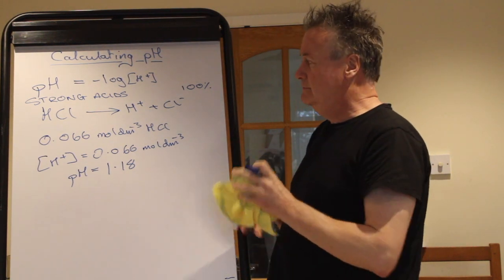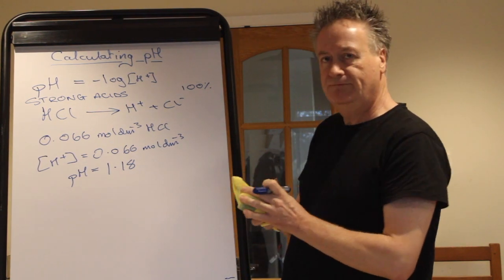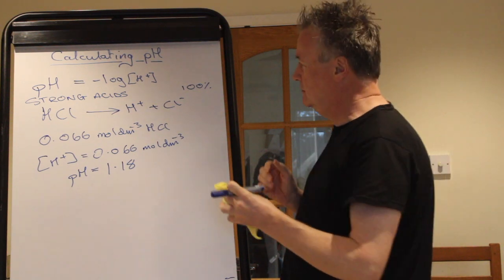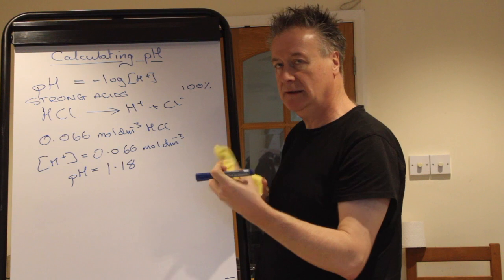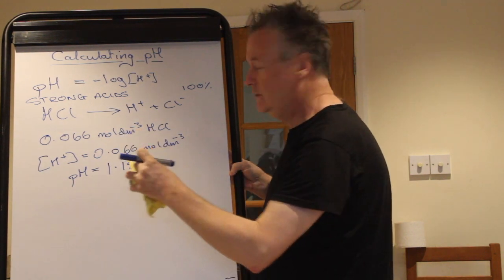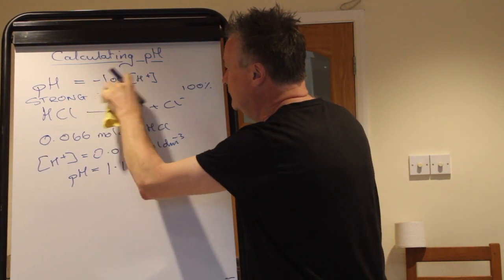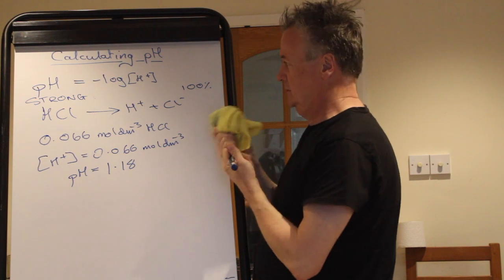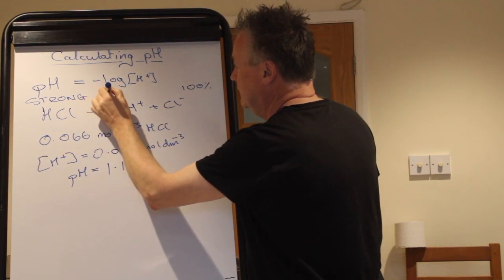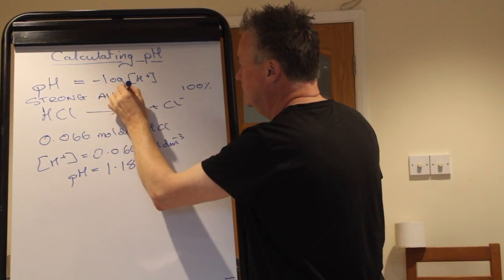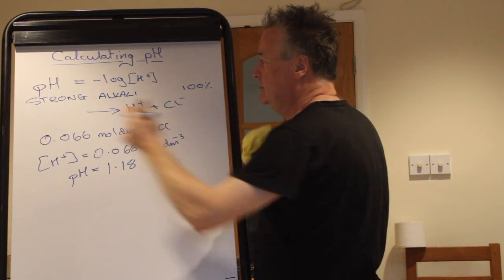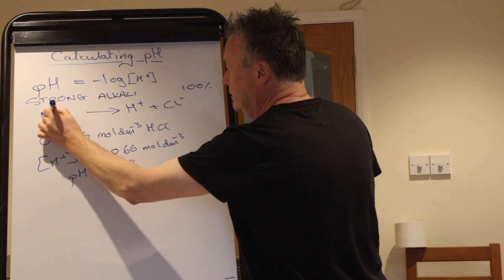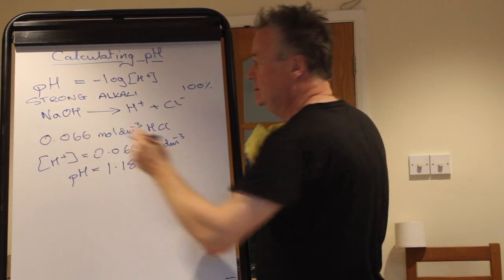Alkalis, slightly more to them. Now we've got some questions that you can do shortly, but we'll go through the strong acid, strong alkali, and then we'll tell you what to do. So if I change that to strong alkali, what you now would have is something that we would classically think of as a strong alkali.